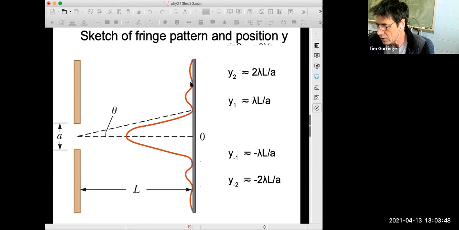And then the second order dark fringe upstairs here and downstairs here on the screen. And we're labeling their positions with 1s and 2s to indicate their first order and second order destructive interference, their first order and second order dark fringes. And here's the approximate equations for those locations that are good approximations when the angles are small, that are not so good approximations when the angles are large.